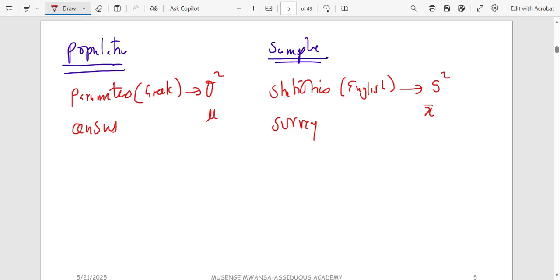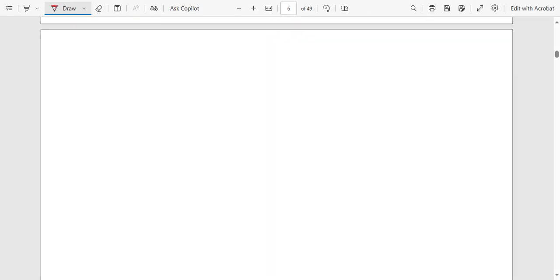If you do that, it might not be that representative. So you have got what we call sampling techniques. If you want to make sure that your sampling is good enough, there are sampling techniques that you use. And we have got different types of sampling techniques, and we divide them into two main categories.